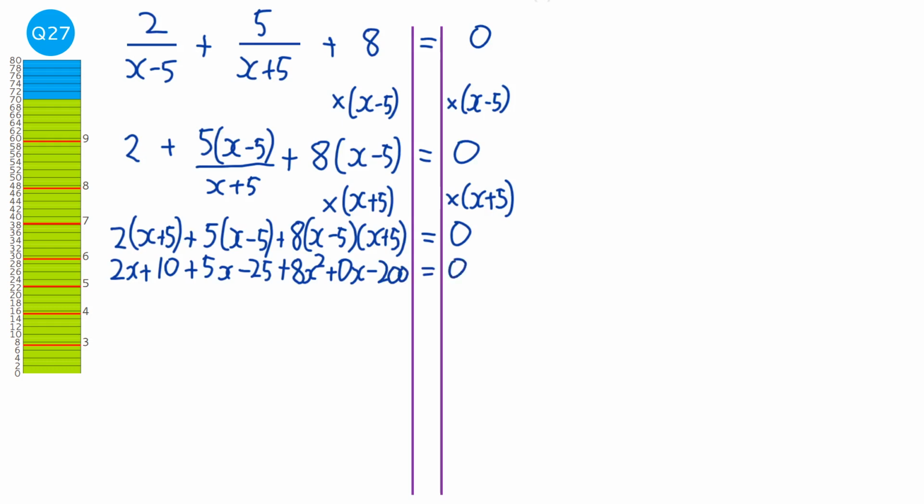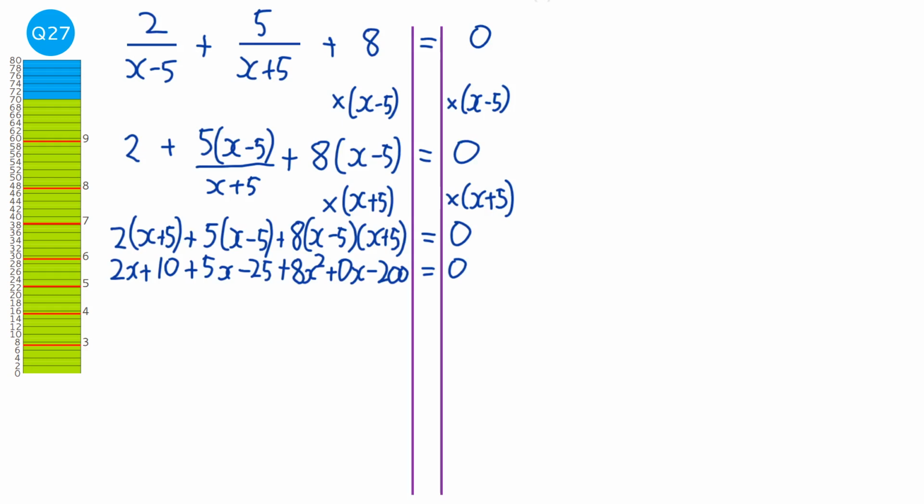Now notice here in the brackets it's a difference of 2 squares. You've got an x minus 5 and an x plus 5, and difference of 2 squares end up with 0, the coefficient of x being 0. That's not really a surprise.